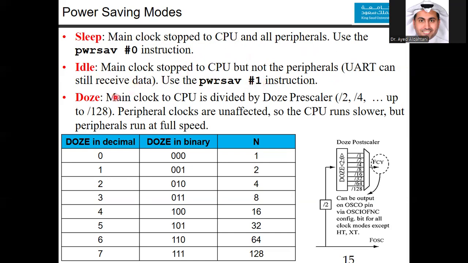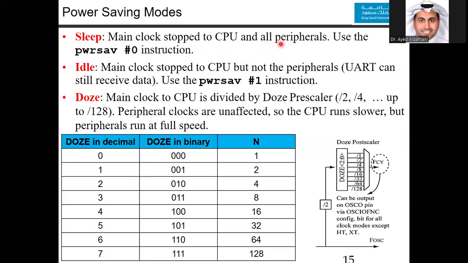Now, before moving to the doze, I should mention that even though in the sleep we say that the main clock is stopped to the CPU and all the peripherals, one of the peripherals is the watchdog timer. The watchdog timer will be running even in the sleep mode.